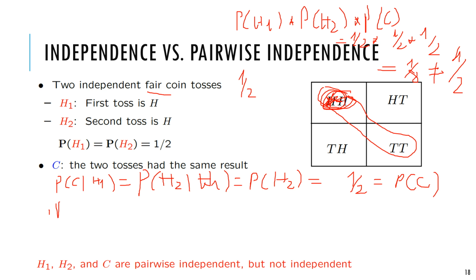How about the probability of C given H1 and H2?